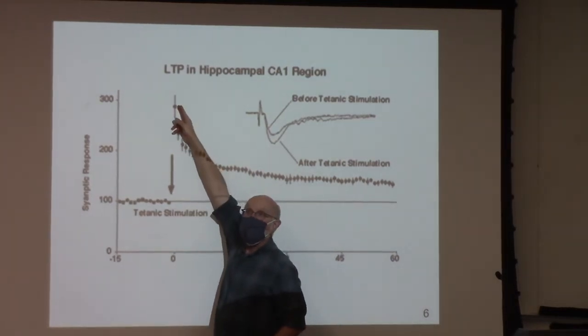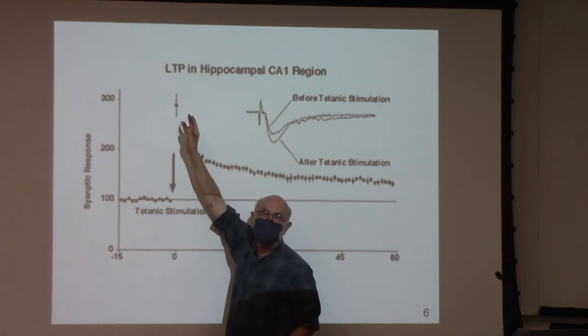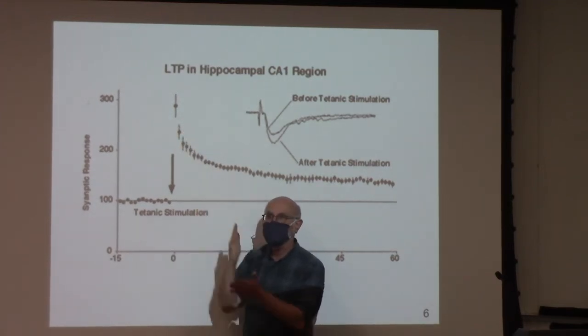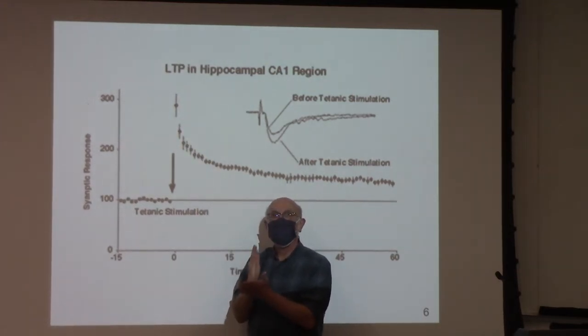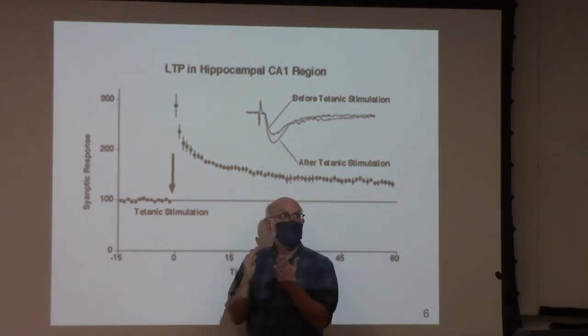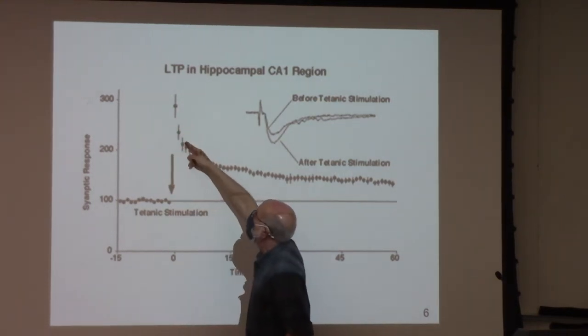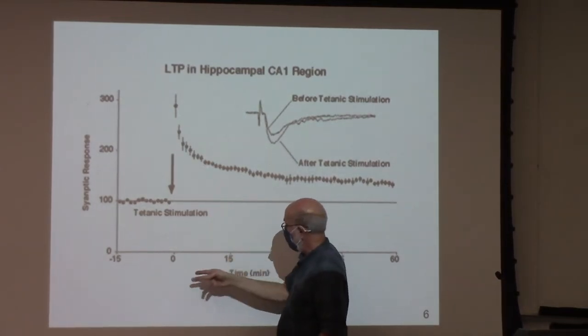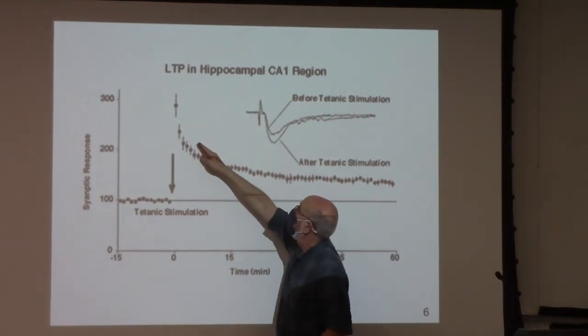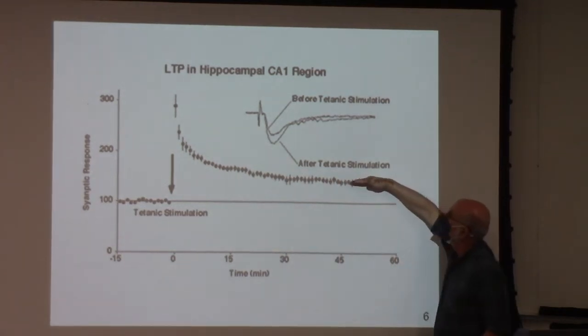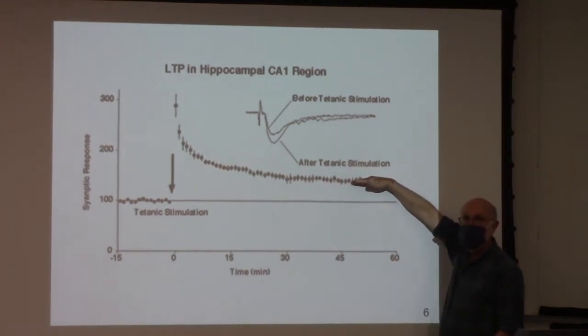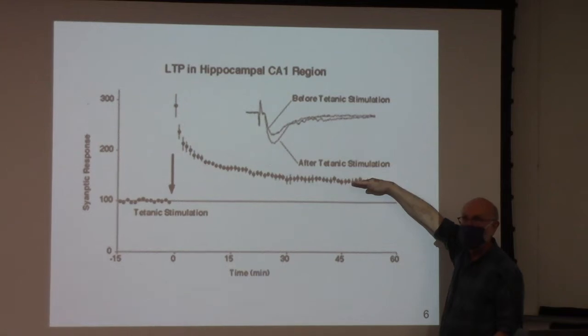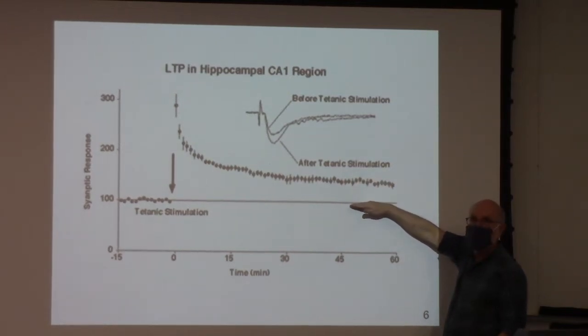And they get a potentiation. They knew that before. They knew that there would be synaptic potentiation if they stimulated those synapses fast. But what they discovered was after this potentiation, which is short term, only lasts a few minutes, it settles down to a new baseline that is higher than the original baseline.